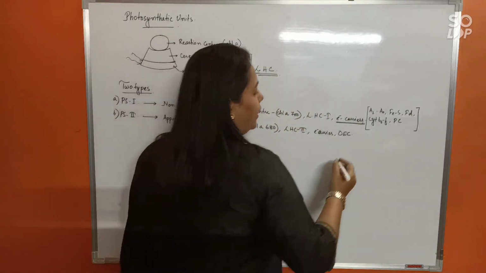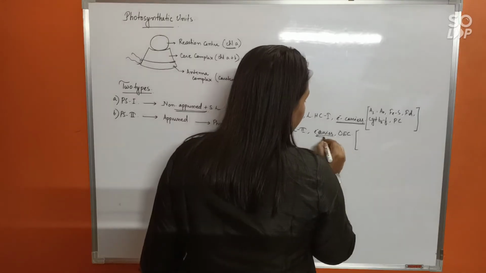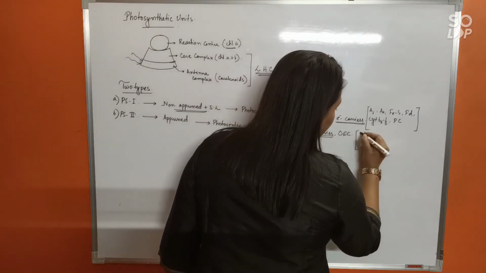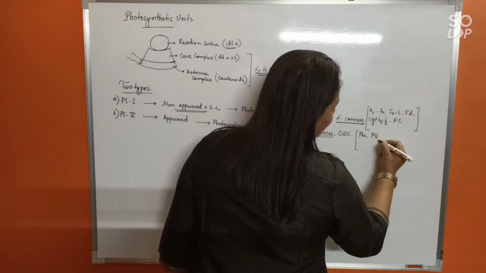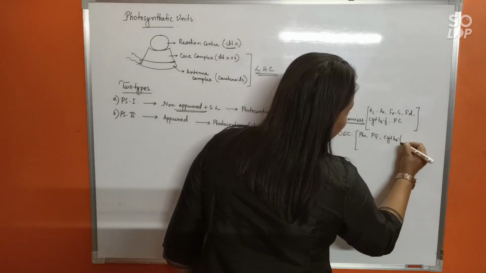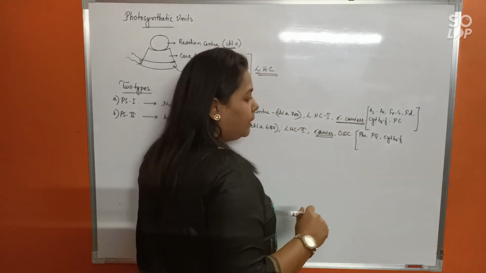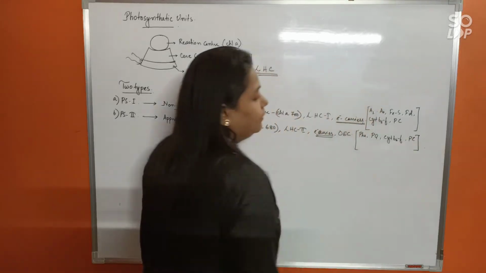Alright. Whereas for PS2, the electron carriers which will be present will be pheophytin, plastoquinone, the cytochrome B6F complex, which is common to both PS1 and PS2, and plastocyanin.